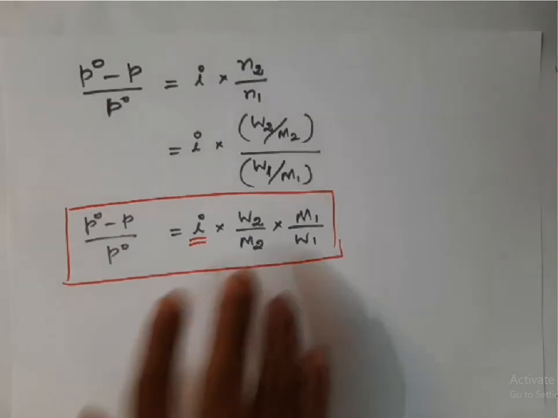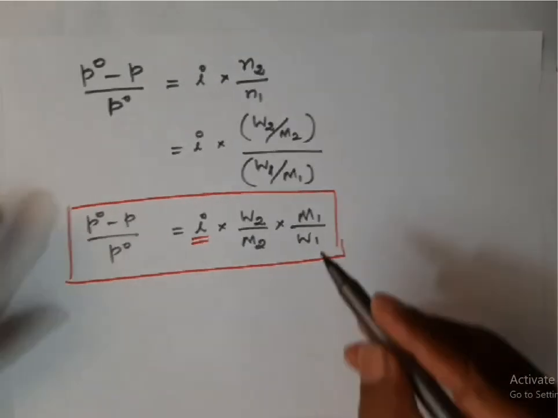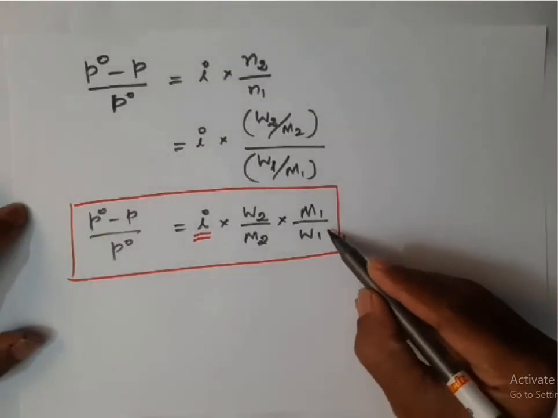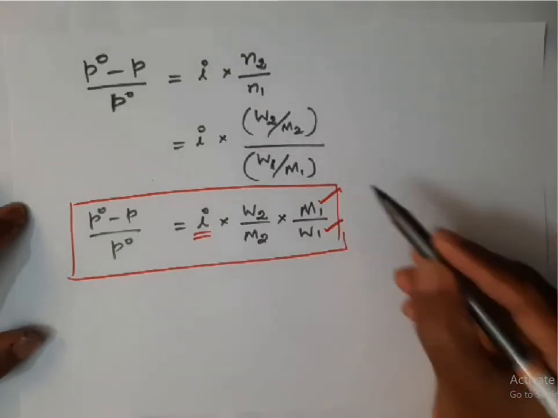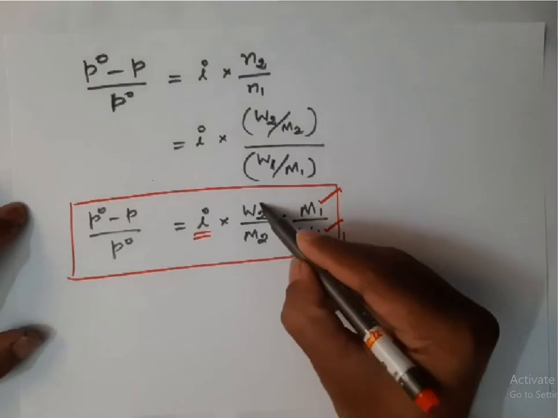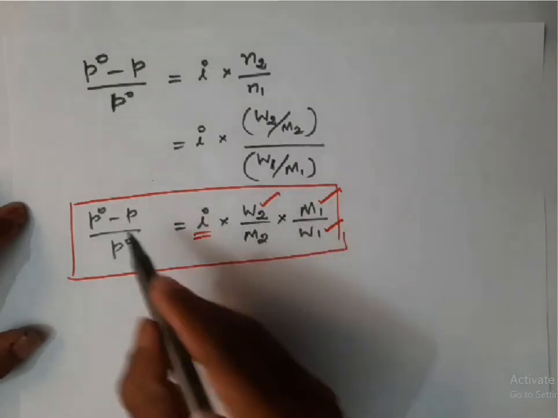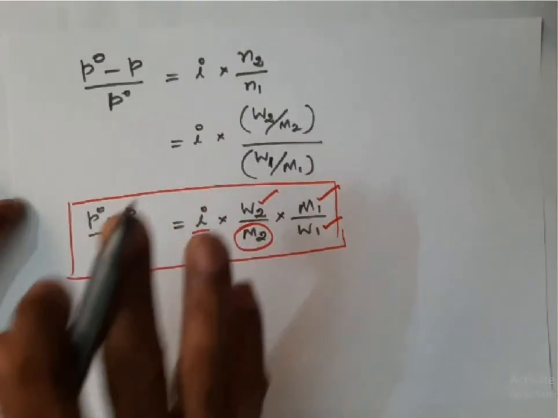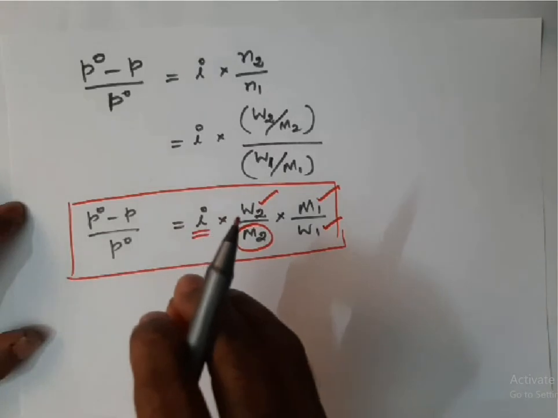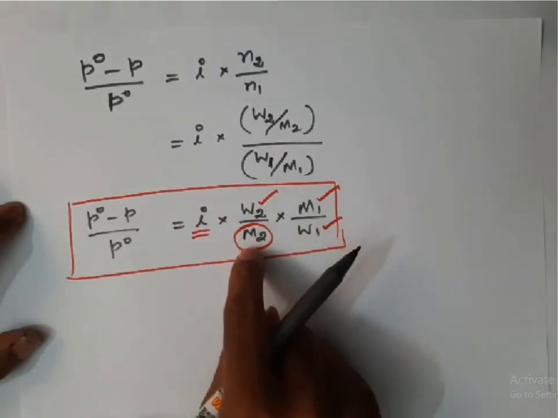And what is the use of this formula? Students, if you know the weight of solvent, molar mass of solvent and weight of solute, using this you can determine the molar mass of solute. So relative colligative property studies are very useful to determine molar mass of solute.